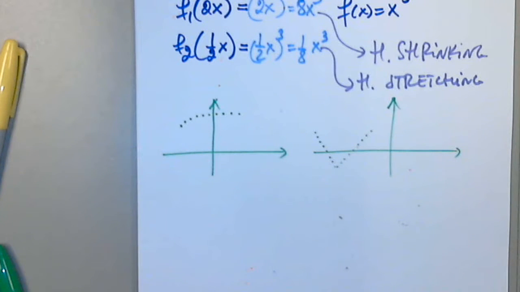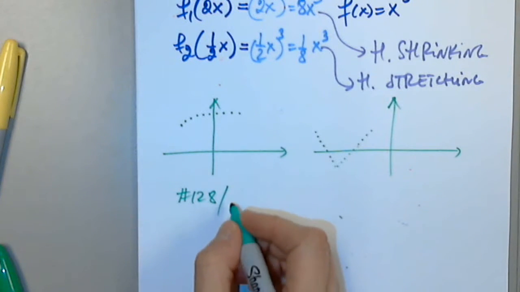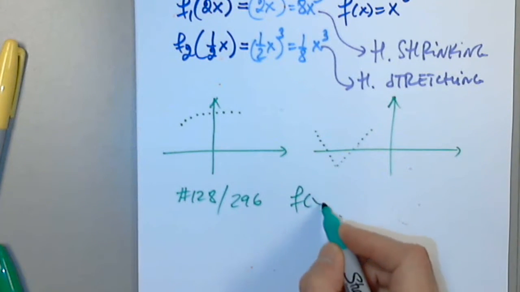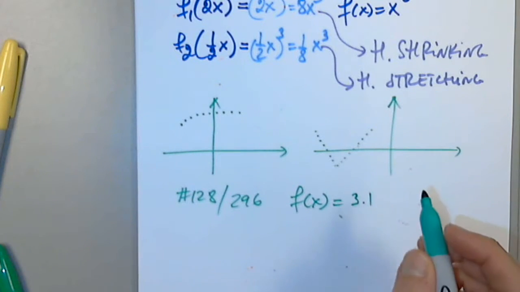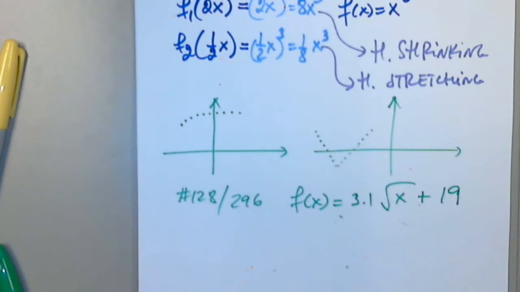Okay, so let me look at a problem like 128 on page 296. And I want to go back now to the piecewise-defined function. We are given a function f of x equals 3.1 times the square root of x plus 19.